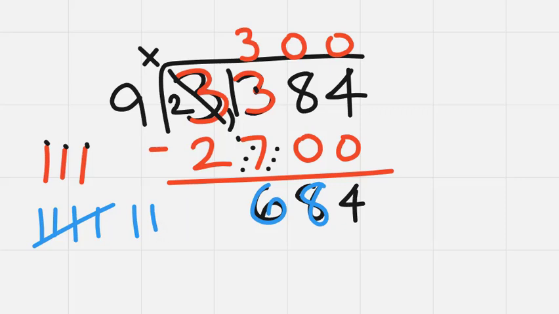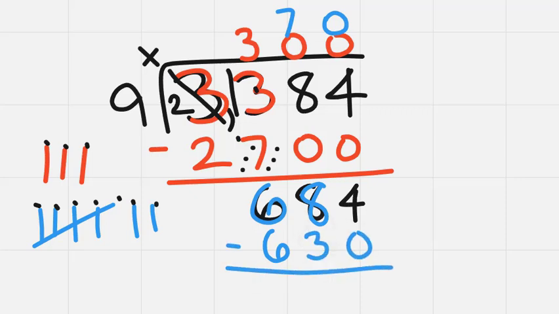That's too high, so we'll stop at 63 and then count 1, 2, 3, 4, 5, 6, 7. We'll put the 7 straight up from where the 68 is and add a 0 as a placeholder. Then we'll multiply. 9 times 7 is 63. Then we add a 0 as a placeholder and then subtract.